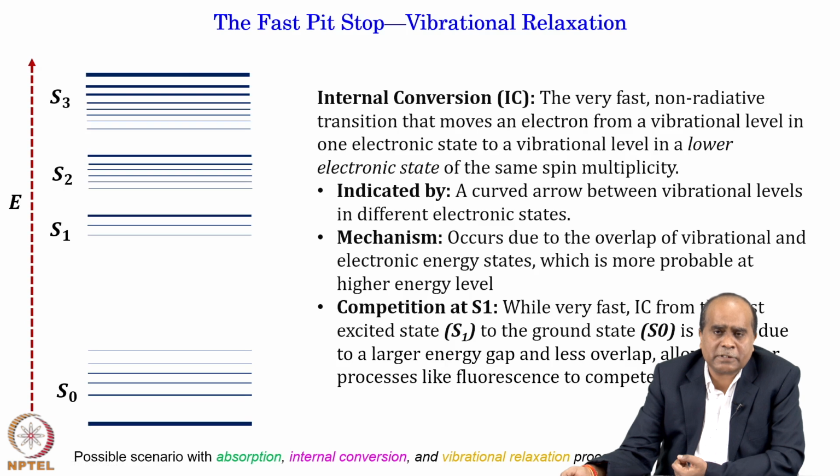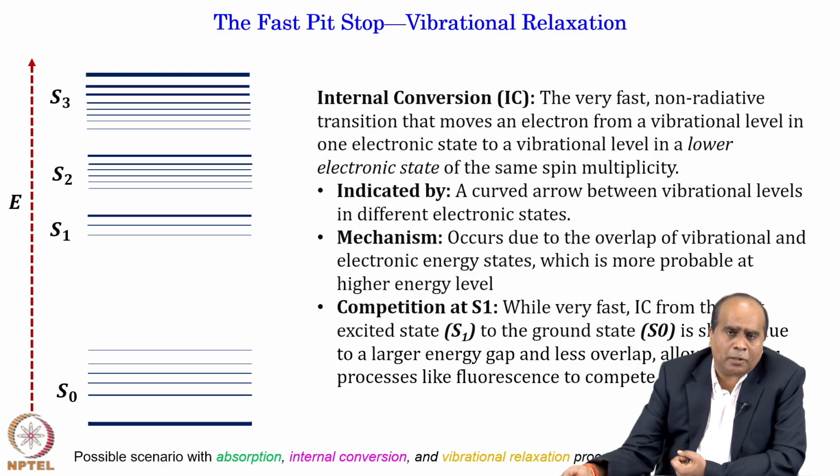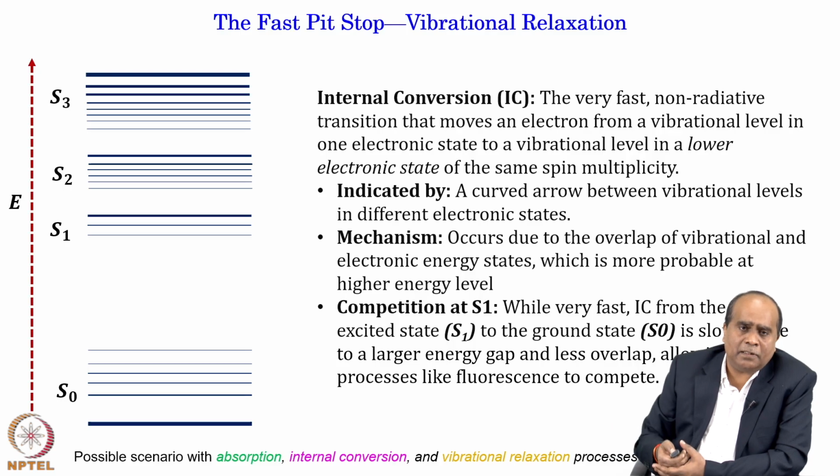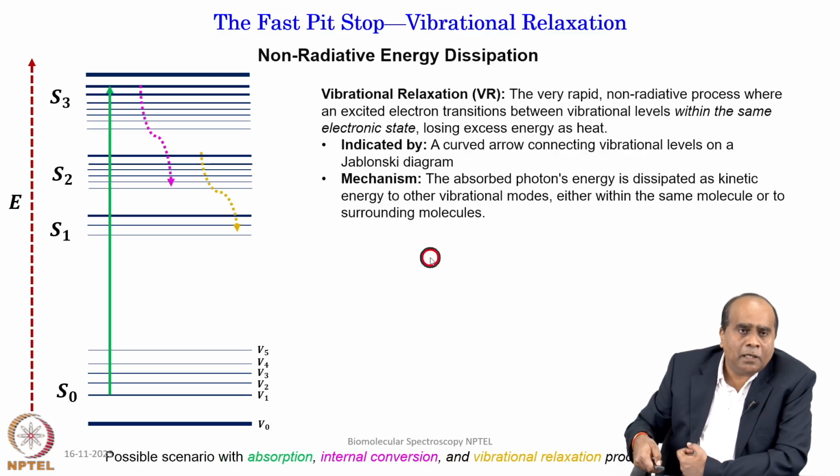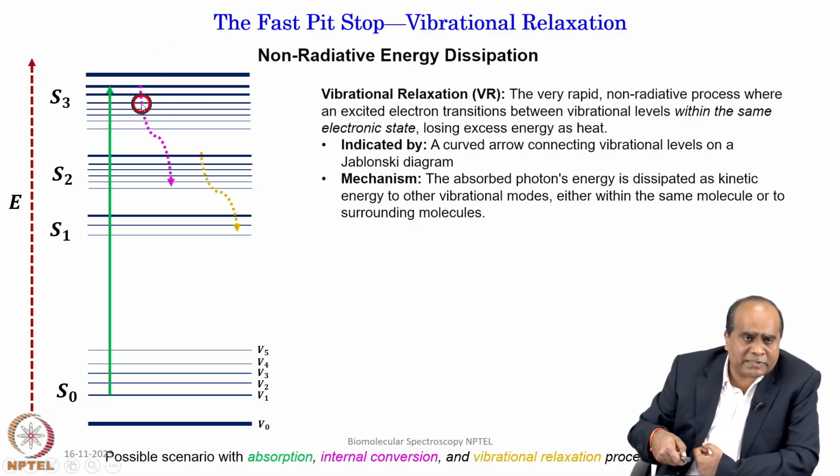Internal conversion is also very fast. It is a non-radiative process that moves an electron from a vibrational level of one electronic state to a different vibrational level in a lower electronic state, as we saw here, from one electronic state to another electronic state, different vibrational level.